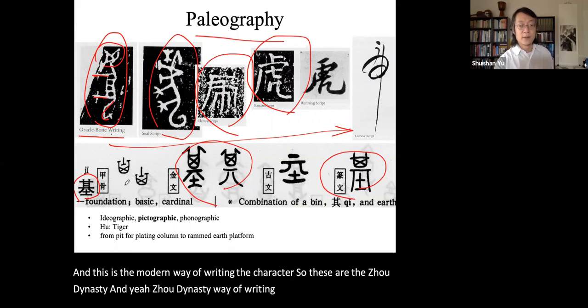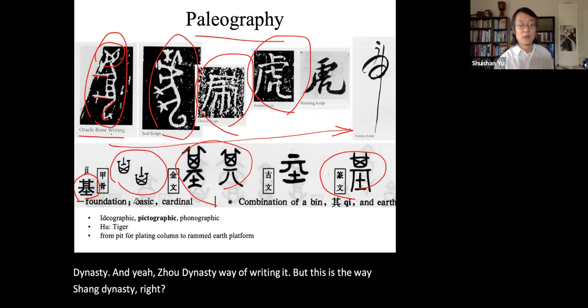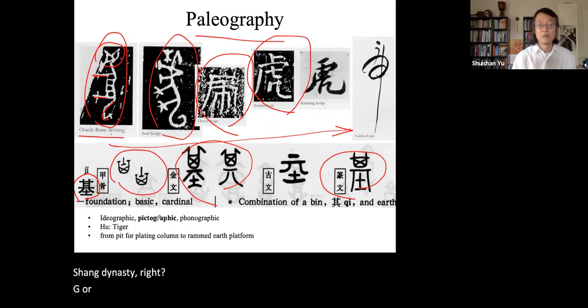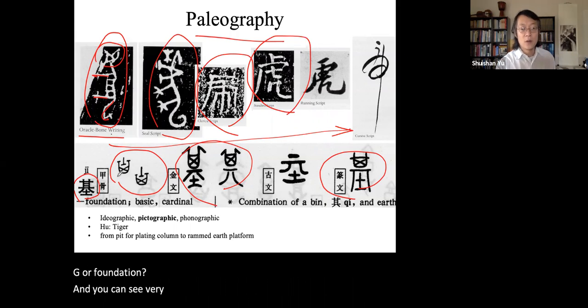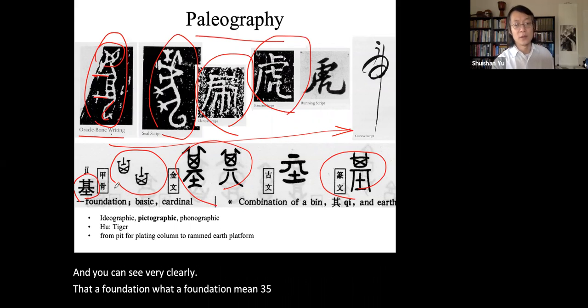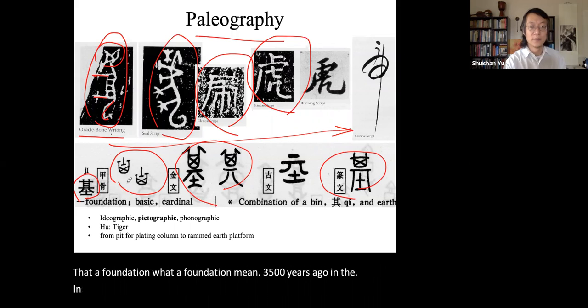But this is the way the Shang Dynasty wrote ji, or foundation. And you can see very clearly what a foundation meant 3,500 years ago in the Shang Dynasty.